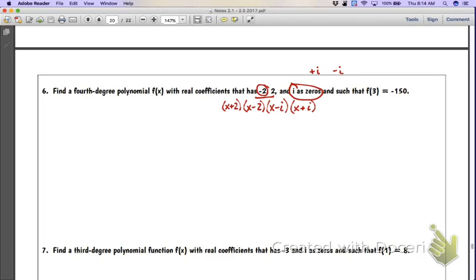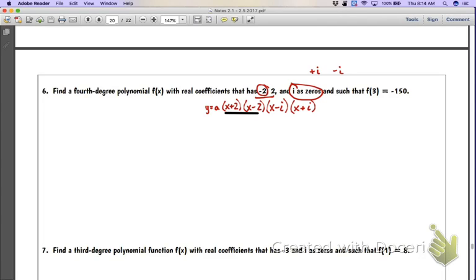Now, what I would tell you with any of these is to always, for me, put this together. Okay, I'm going to have an a, but I'll get to that in a second. If I'm going to really rewrite this, I'm going to have y equals a. I'll get to that in a minute though, as far as finding a.